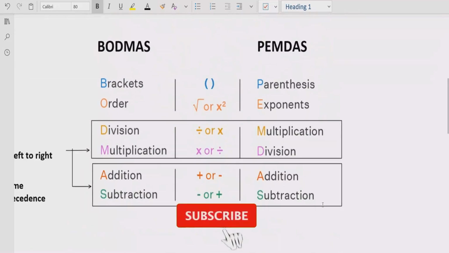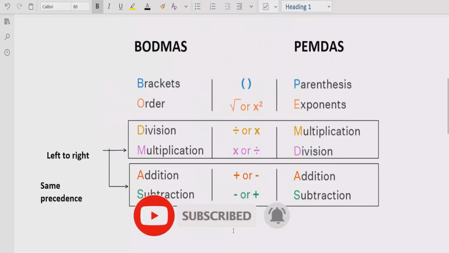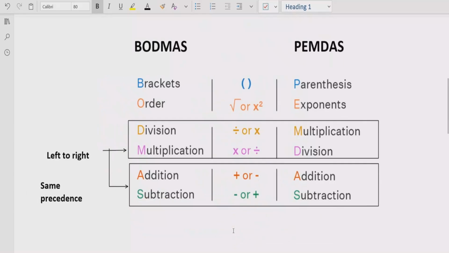Now let's talk about the rules which we can follow to solve the given expression. Here we will discuss two rules, BODMAS and PEMDAS. These rules we can apply to solve any arithmetic expression. The rule says if your expression contains any bracket or parenthesis, you have to solve that part first. After the bracket, you have to see the power of any number.